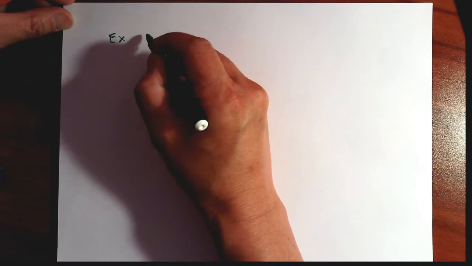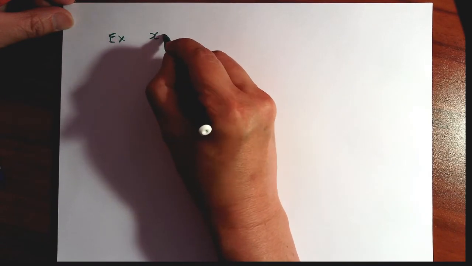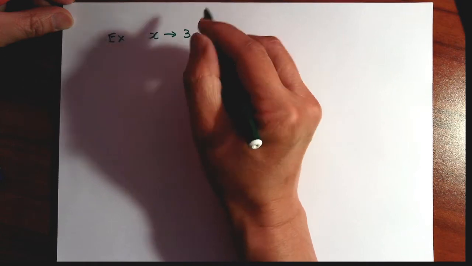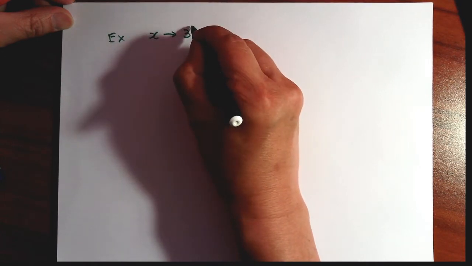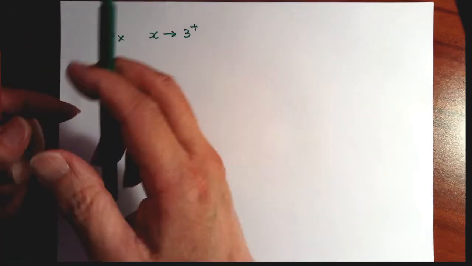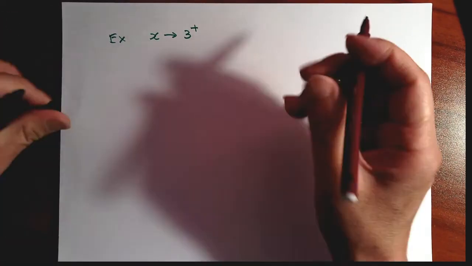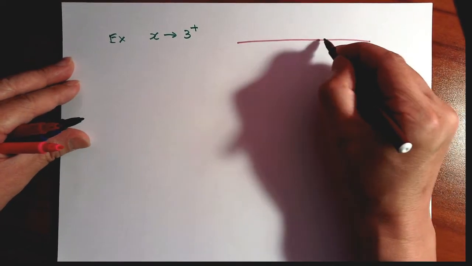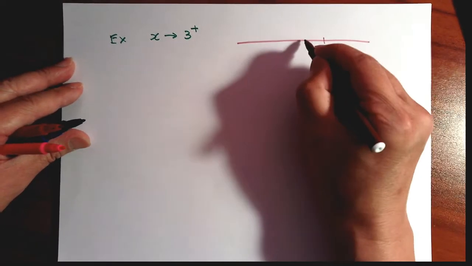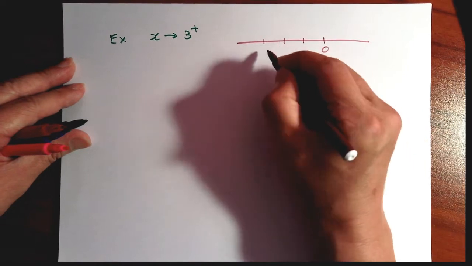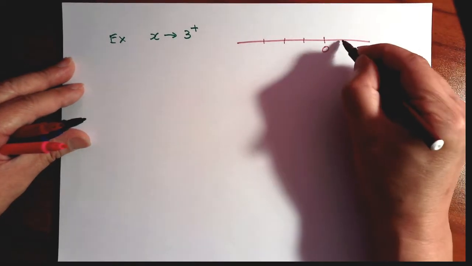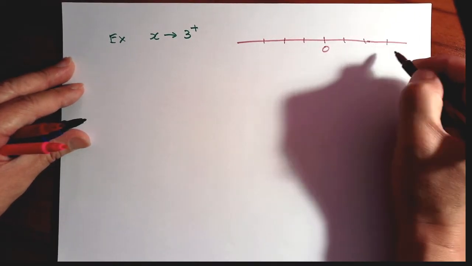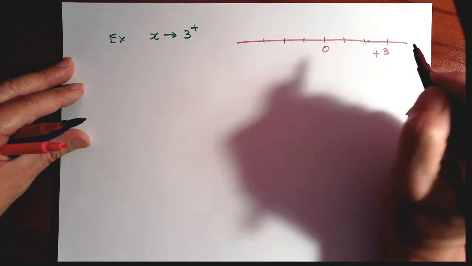X approaches 3 from the positive side would look like this. Zero, 1, 2, 3. This would be 3 plus.